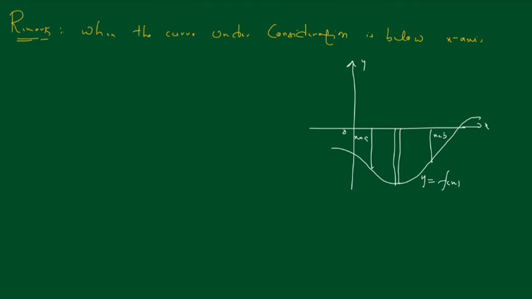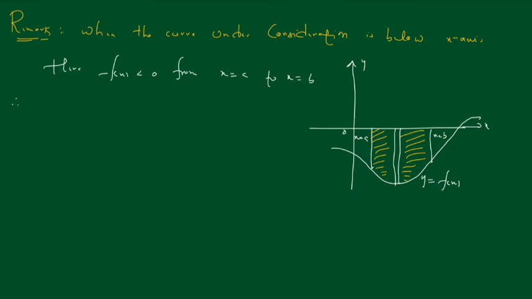Now f of x is less than 0 here, right? The function f of x is below the x-axis from x equals a to x equals b.